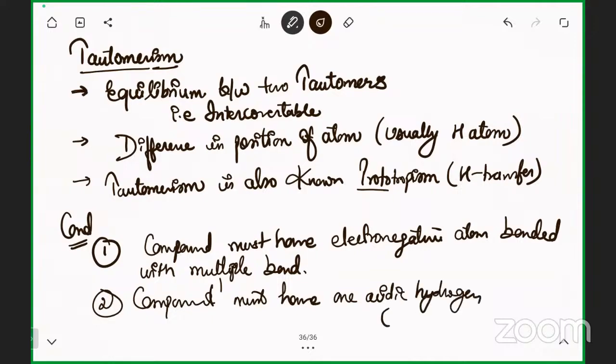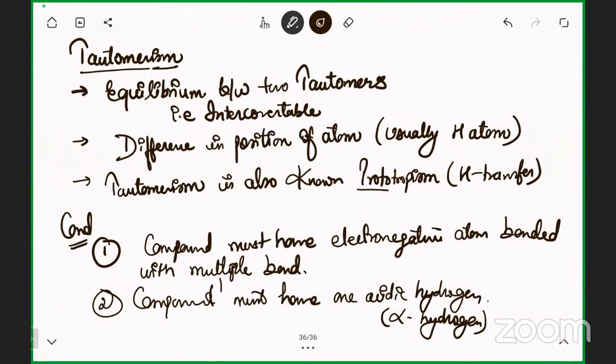And by acidic hydrogen, I'm talking about alpha hydrogen. It means an alpha carbon must be present and the alpha carbon must have one alpha hydrogen. So these are the certain conditions you have to remember. Is this much okay with everyone? Any doubt in this?